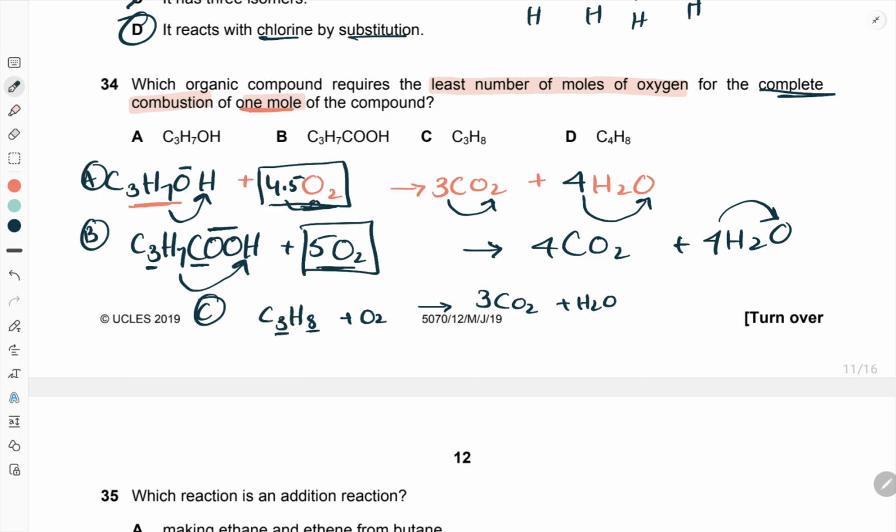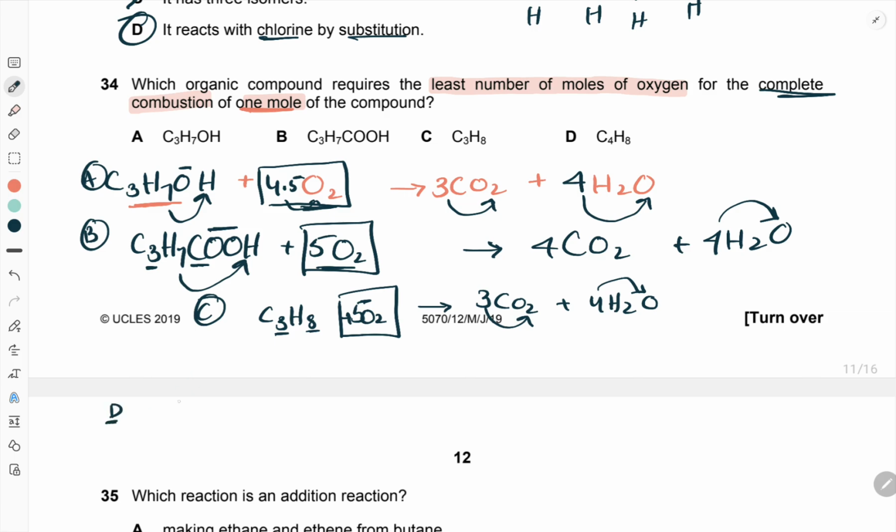We have 8 hydrogens. Let's make it 8 by putting 4 over here, so we have 4 H2O. Let's balance the oxygen. 3, 2, 6 and 4, 10 oxygen on the right and 2 on the left. So I need to put 5 with this. So again, this needs 5 oxygen. So as for now, A is correct.